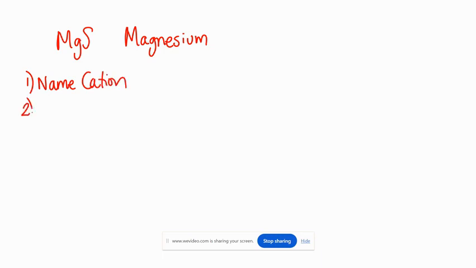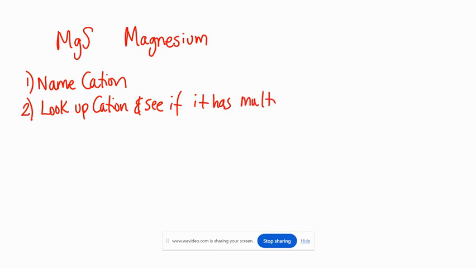Step 2, look up the cation and see if it has multiple oxidation numbers.